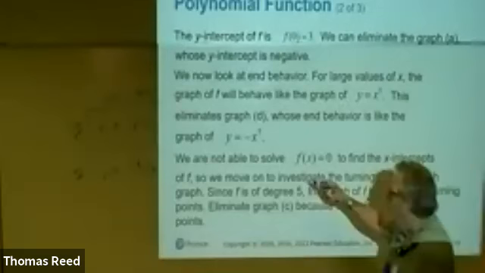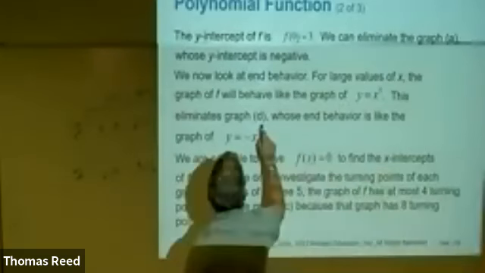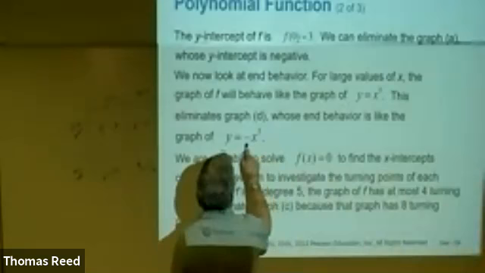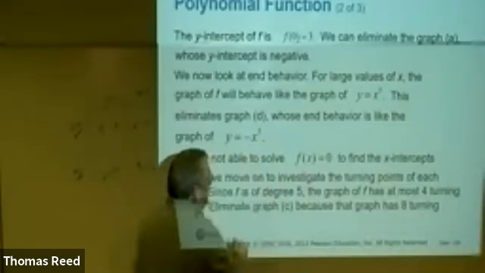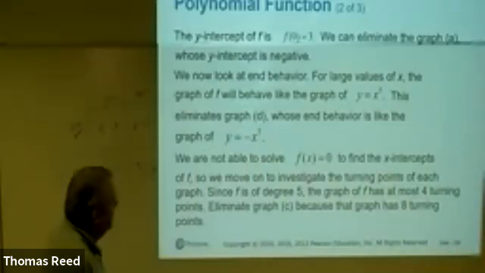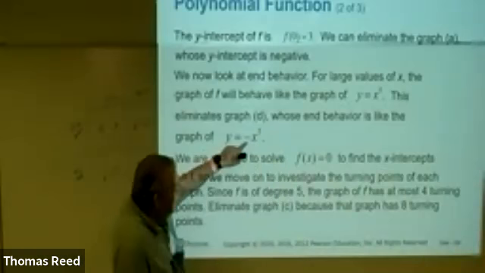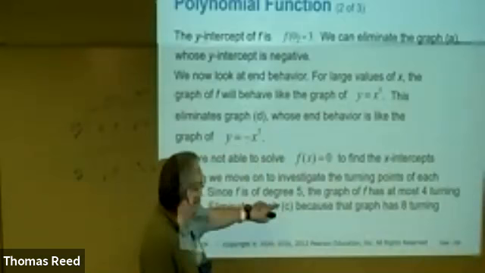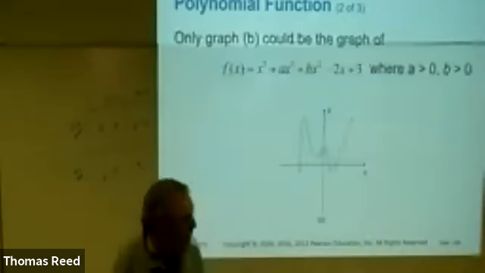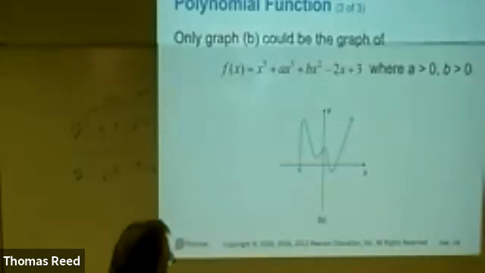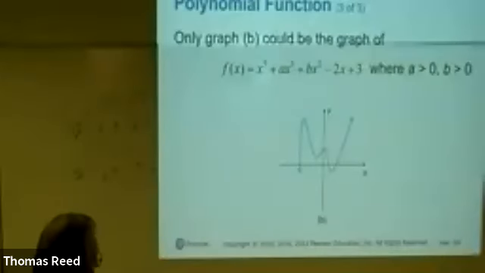I thought they were going to look at, oh, they did eliminate D because it did not have the right turning point. It did not have the end behaviors that were appropriate. So they first eliminated D and then eliminated C, where I eliminated C first and then eliminated D. In any case, we both wound up with B as being the correct graph.